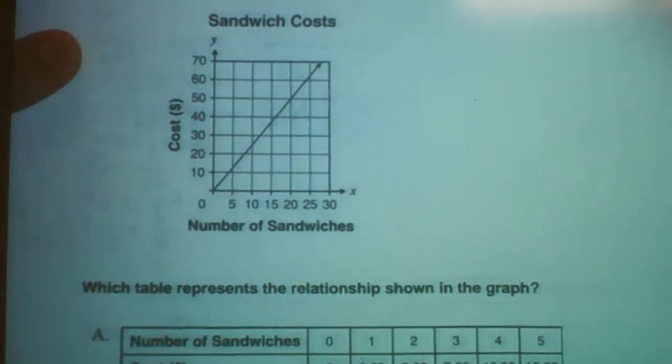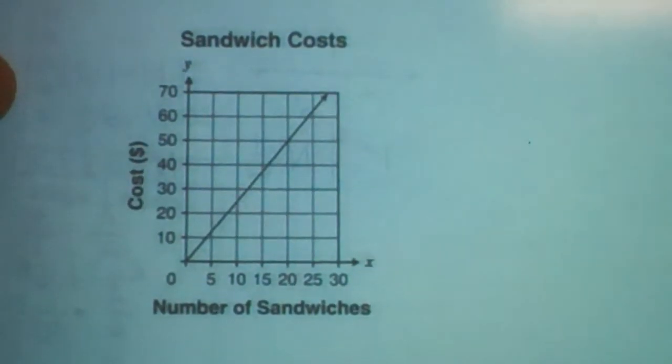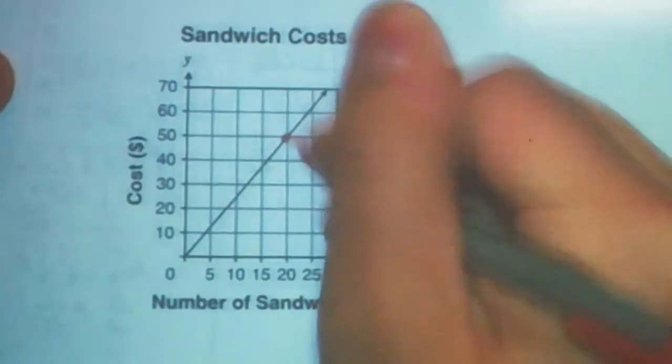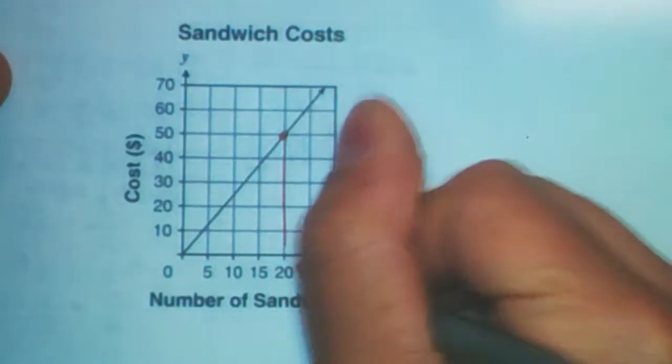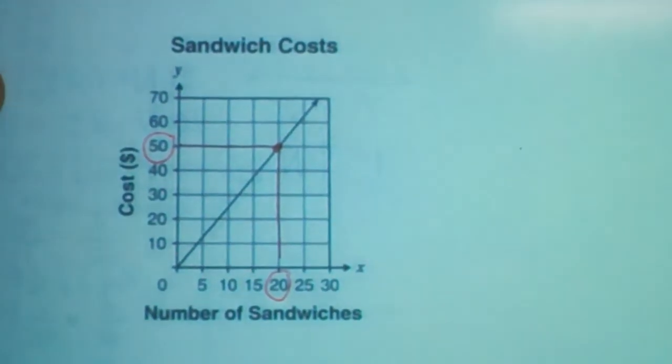try to find a point that we know on the graph, and in this case, the point I can definitely be sure of is this one right here, and that connects to 20 and 50. Okay?